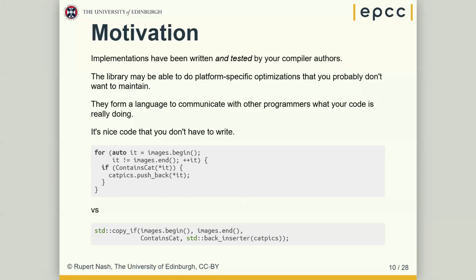Okay. So some more motivation. The implementations of these algorithms have been tested by your compiler authors. The library may be able to do platform-specific optimizations that you probably don't want to maintain in your own codes. You absolutely do not want to maintain these in your own codes unless you're doing very high-performance library development. You should avoid this if you can.